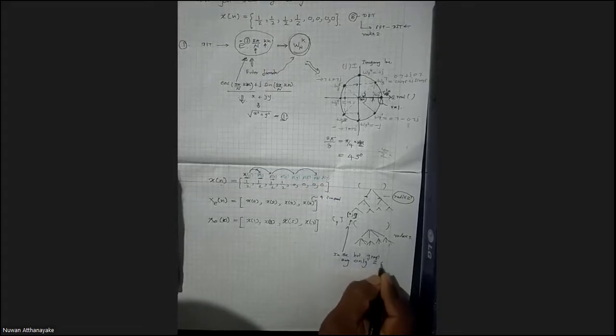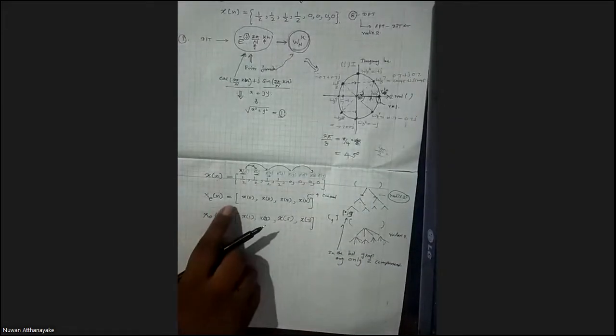That is also a rule. Here you can see that we have 4 components.